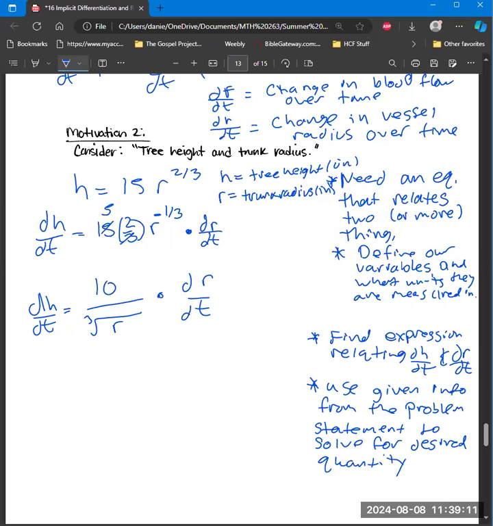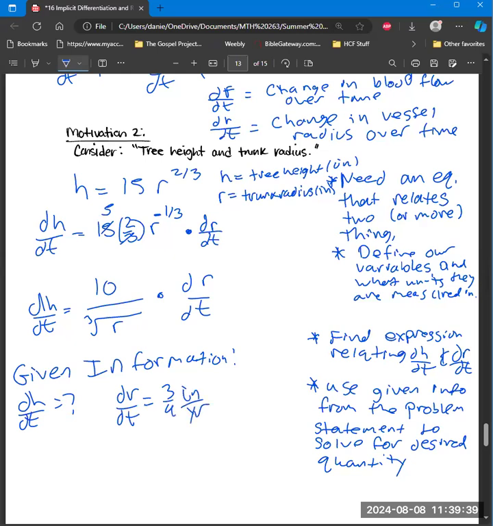Okay, so now we're going to just pretend that we went back to the original problem and that we had given information to us in our word problem that said we're interested in finding dh dt when dr dt is equal to 3/4 of an inch per year, and the original r that we're looking at is 8 inches.